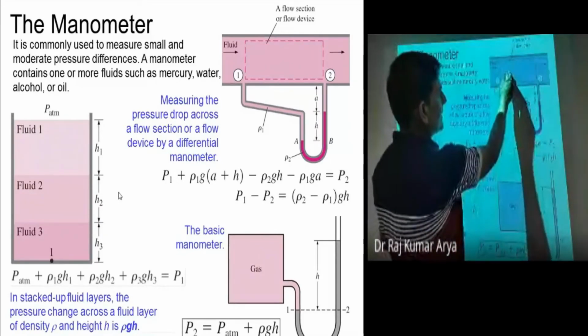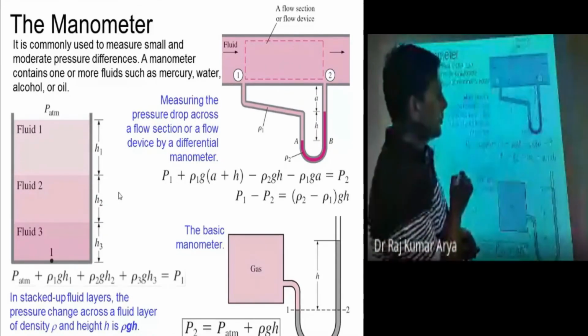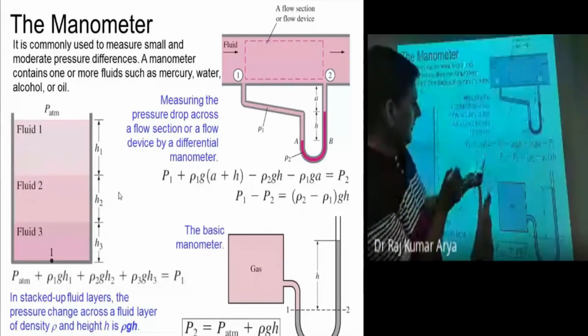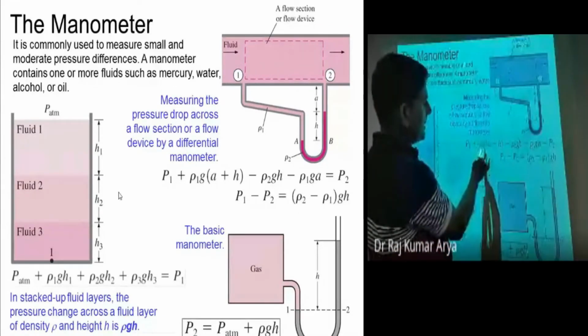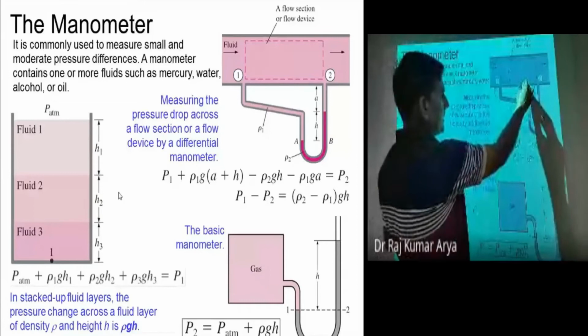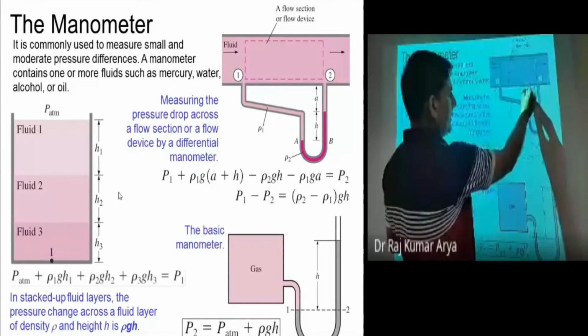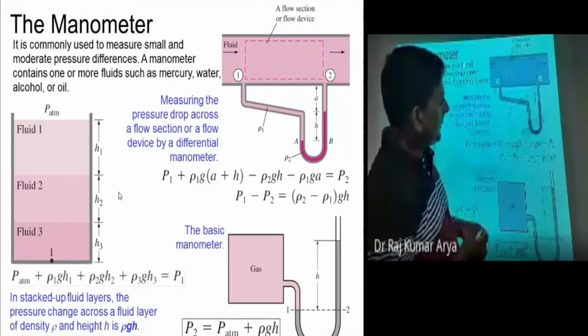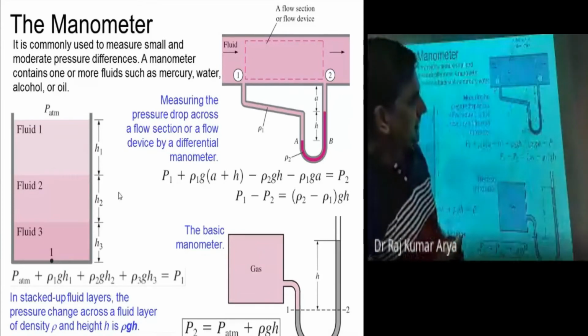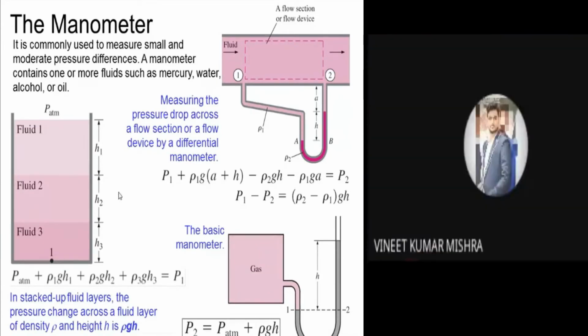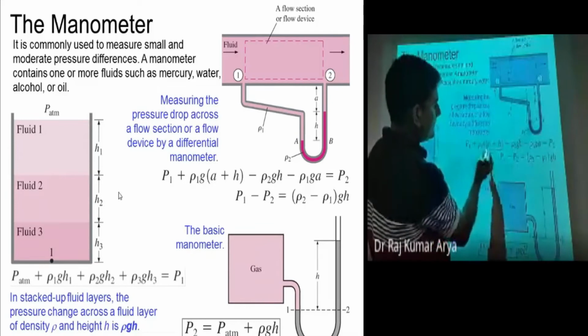So therefore here, let's say you have considered this density as rho 1. Therefore you have rho 1 into g and this much height, because that much you came down here. So how much is this height? This a plus h only. Therefore you have this term.